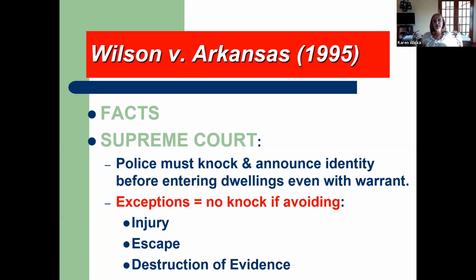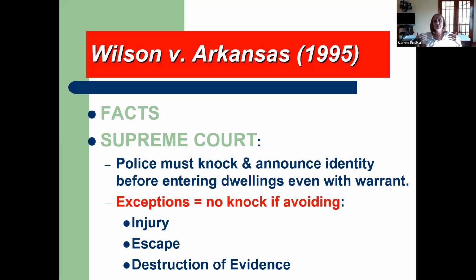They said, if you could prove to a judge that if you knocked, somebody could be injured, including the police, that the person could escape from arrest, or evidence could be destroyed, the court may allow you to enter without knocking. But you have to actually apply for that. And that's what we call a no-knock warrant, okay?